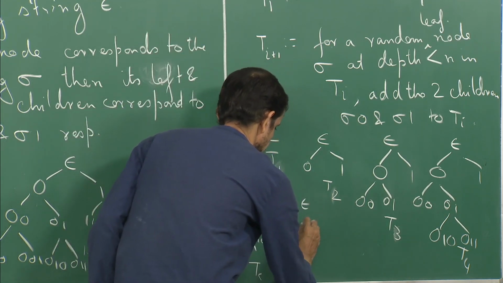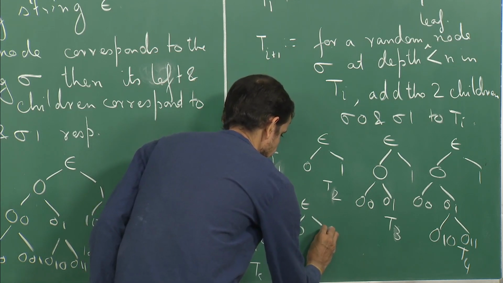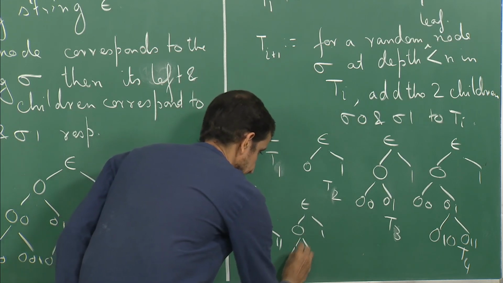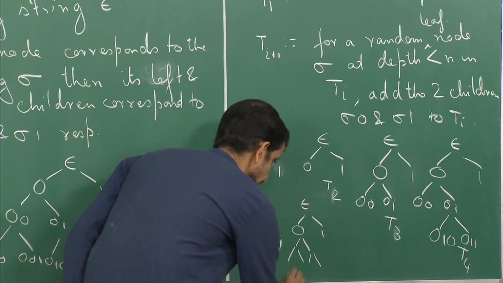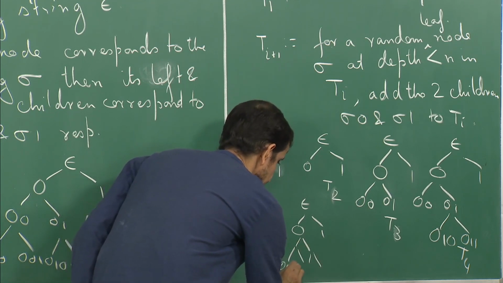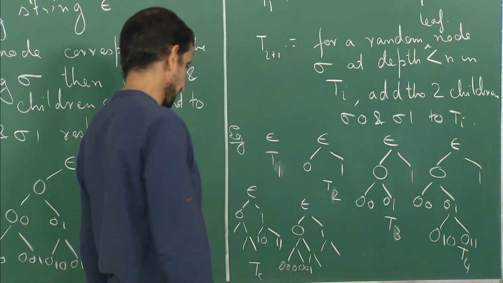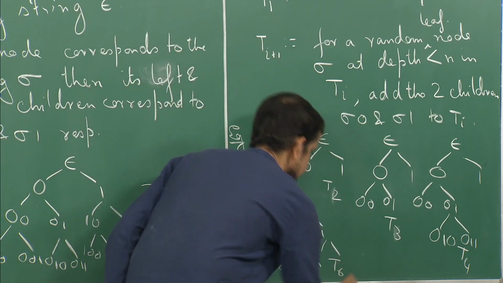T5. Now let's say I add children to this guy. So this is 0, 0, 0, 0, 0, 1. This is my T6.